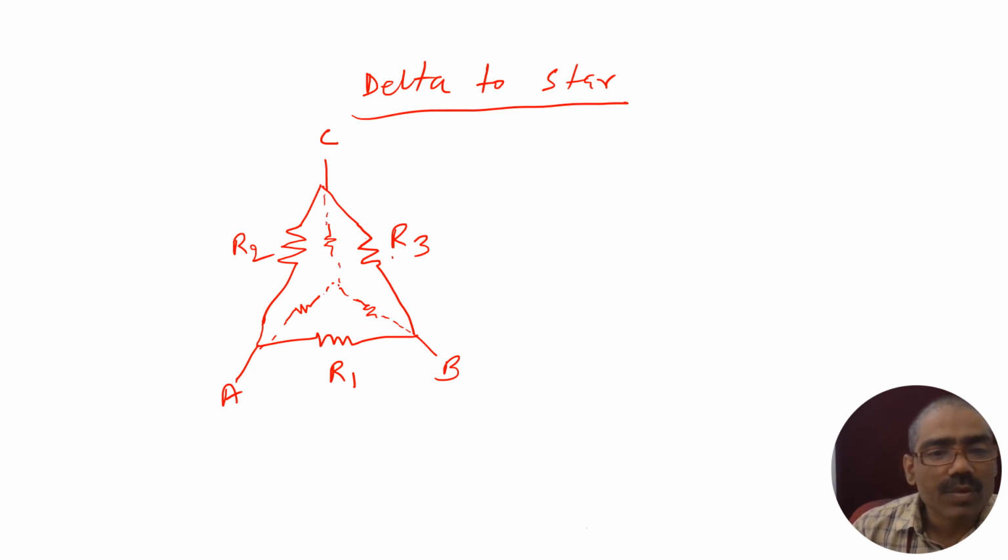Now here we are assuming RA, RB and this is RC. So if you see here, this delta will be looking like a star.